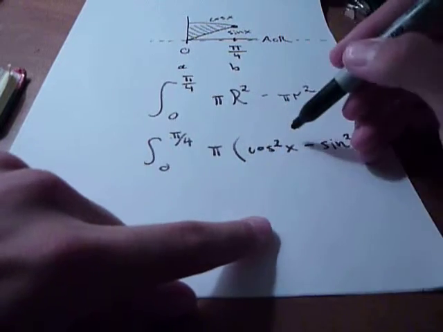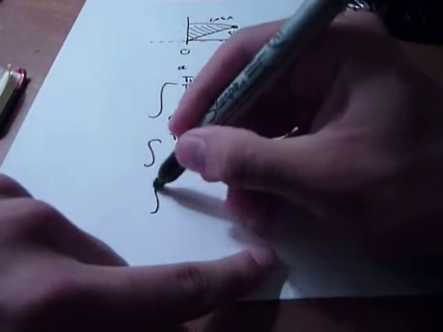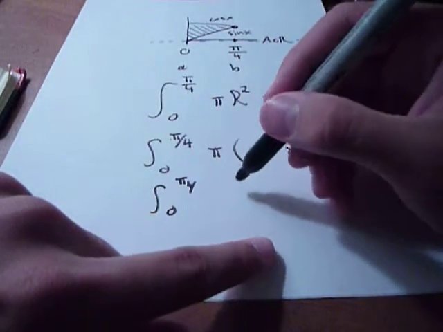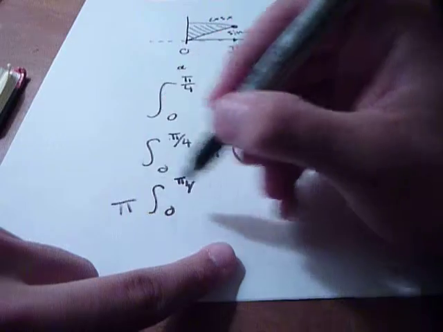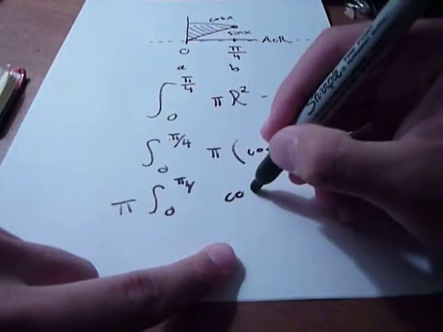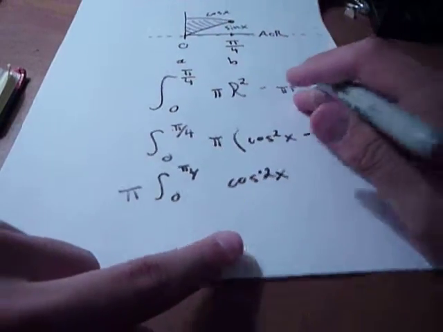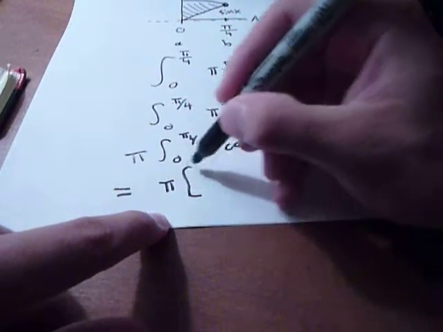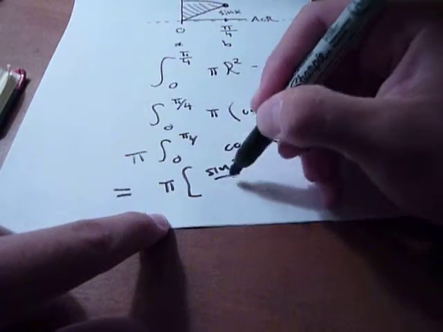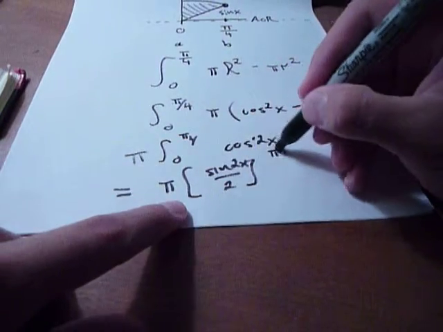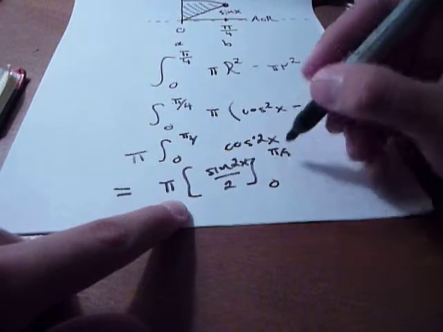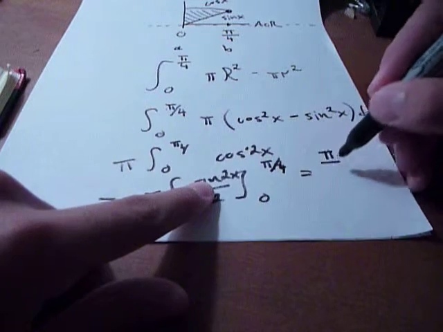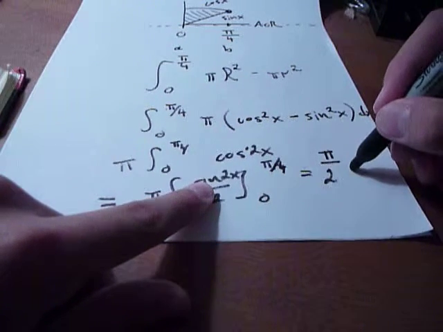So this just becomes pi on the outside and cosine 2x here. And then this becomes pi times sine 2x over 2, evaluated to pi divided by 4, which is equal to pi divided by 2 units cubed.